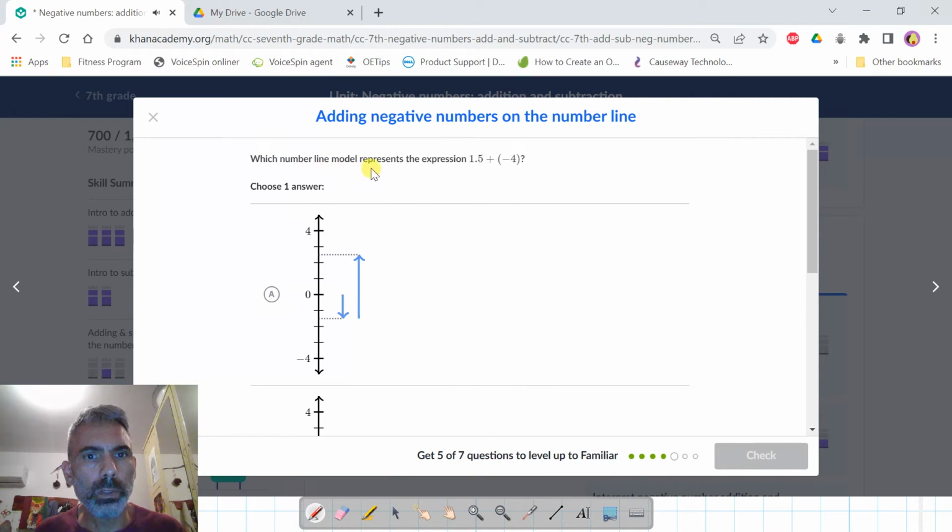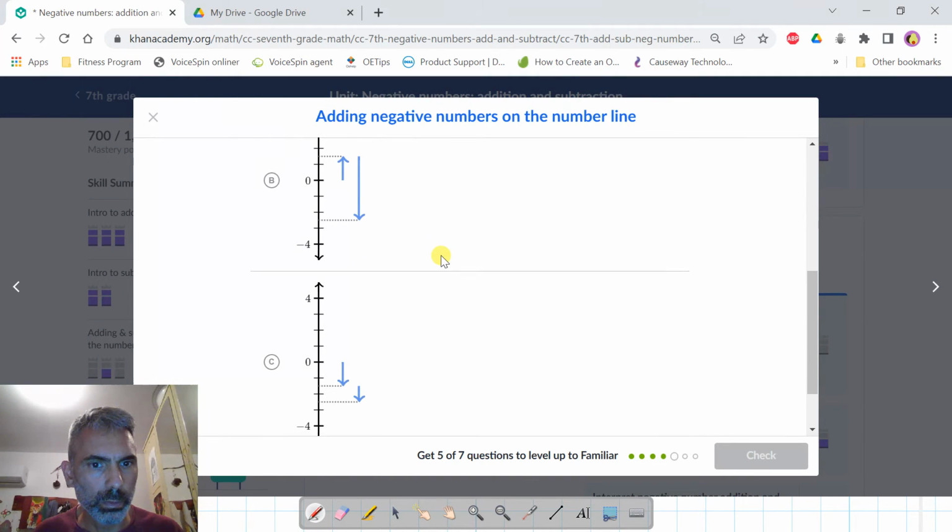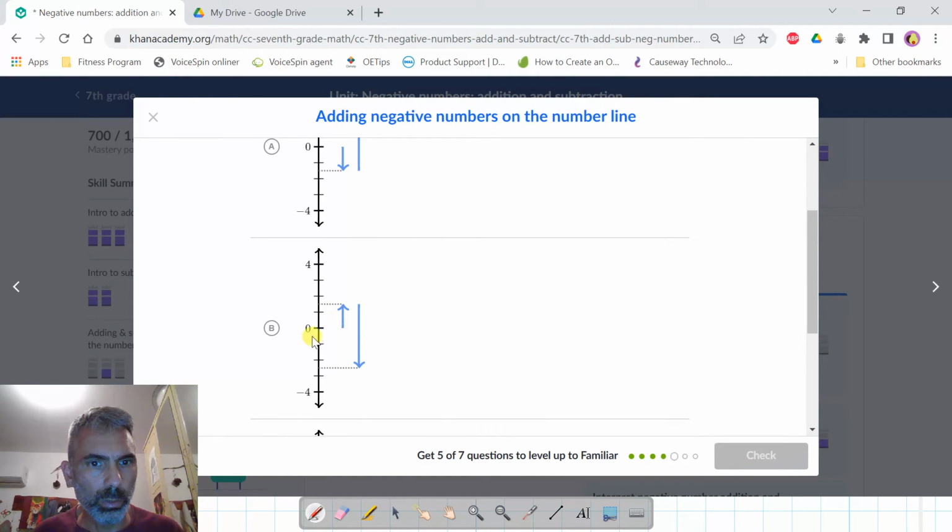Which number line model represents the expression 1.5 plus -4 plus -4? Okay, so first we need to take positive direction. From the 0 we need to go up to 1.5.